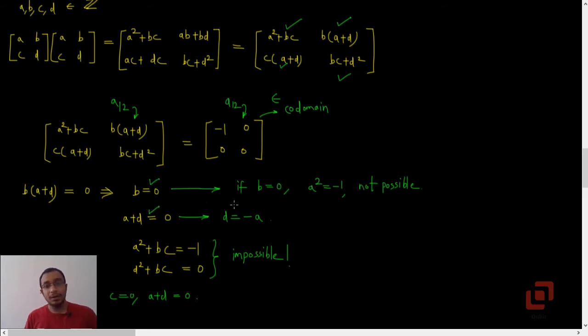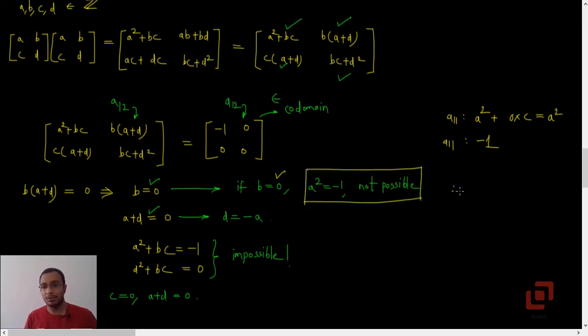Now observe that if b becomes 0, what will happen to the (1,1) entry? It will become a squared, because b is 0. But what is the (1,1) entry on the RHS? It is -1, and as argued before, we cannot have any integer or even real number whose square is -1. So a squared equal to -1 is not possible, and therefore b cannot be equal to 0.